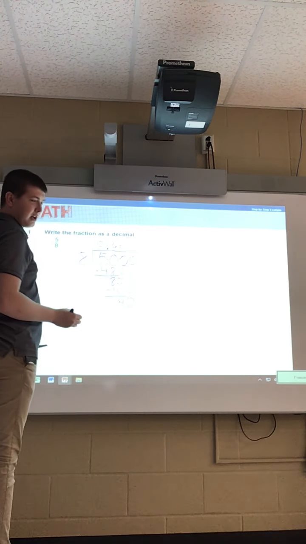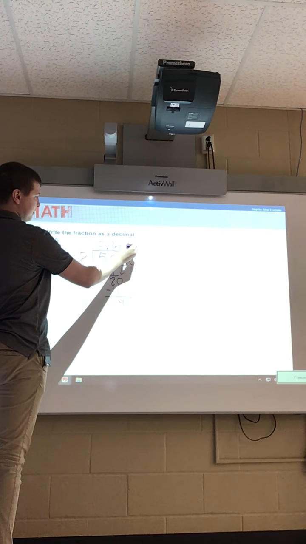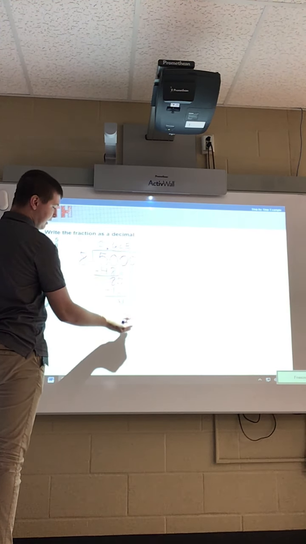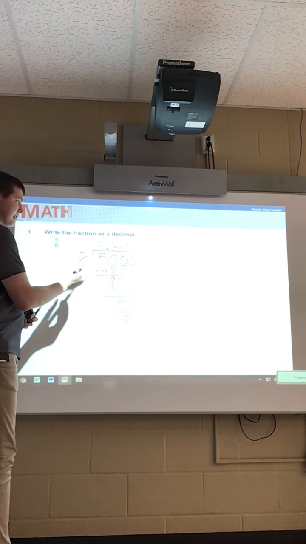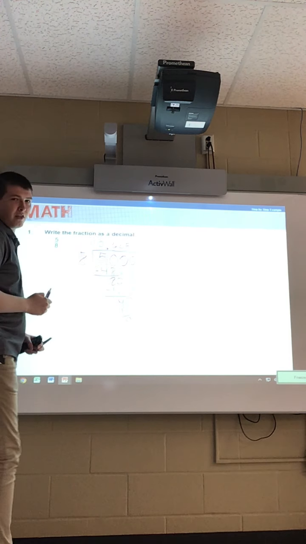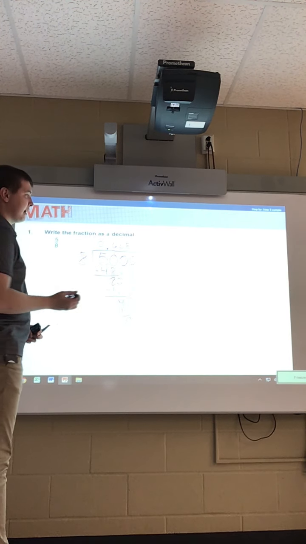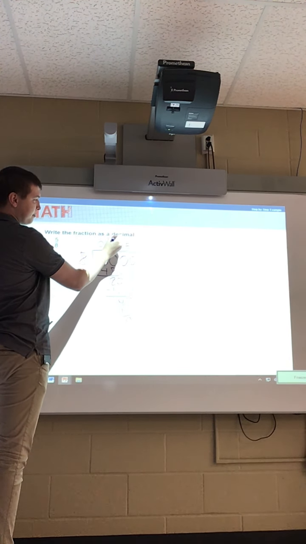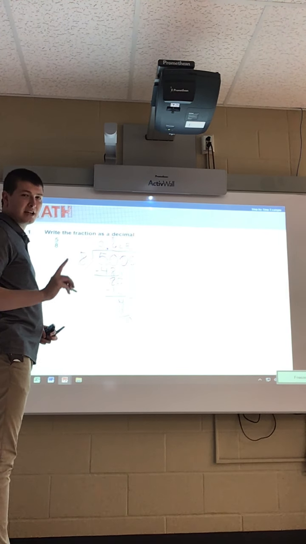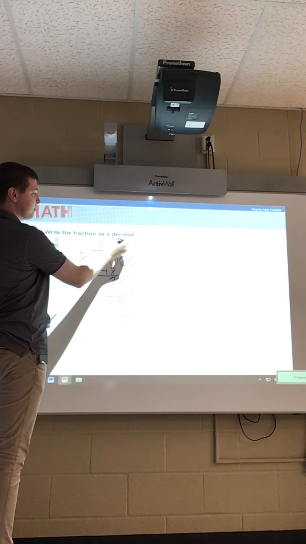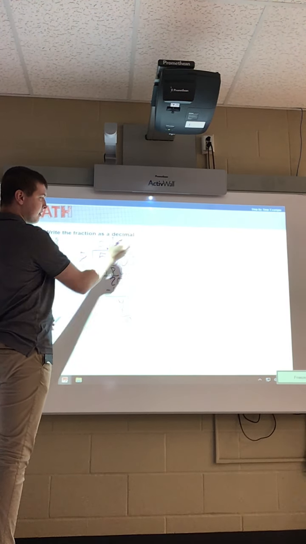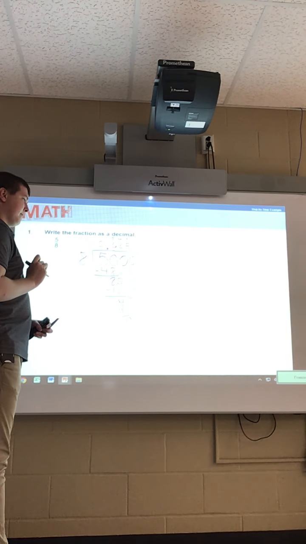Can 8 go into 40? 5 times. And then we're done. So 5/8 as a decimal is 625 thousandths. Remember, this is the tenths place, the hundredths place, and then the thousandths place.